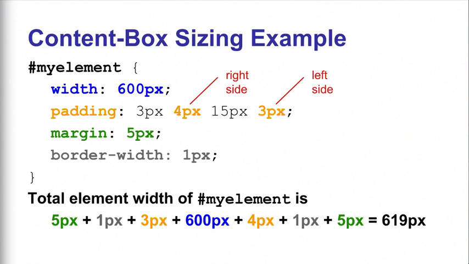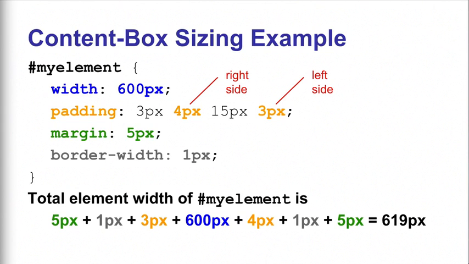This example shows the CSS for an element whose given width is 600 pixels. It has 4 pixels of padding on the left and 3 pixels of padding on the right. There is a 1 pixel border and a 5 pixel margin all around. The total element width then includes 5 pixels left margin, plus 1 pixel left border, plus 3 pixels left padding, plus 600 pixels content box width, plus 4 pixels right padding, plus 1 pixel right border, plus 5 pixels right margin.